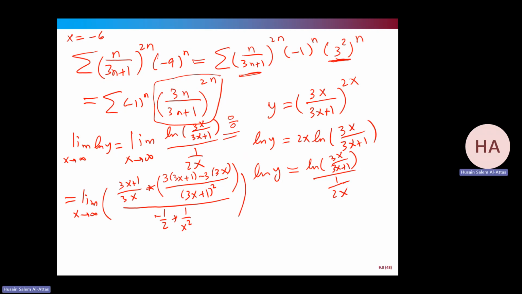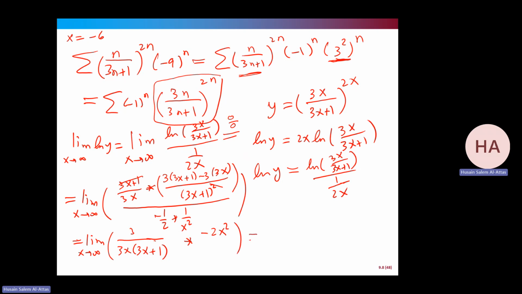Now let me do the calculation. That will be the limit as x goes to infinity of: this is cancelled with this, and 9x minus 9x is gone. So I have 3 over 3x times (3x+1), times this one in the numerator, which is −2x².